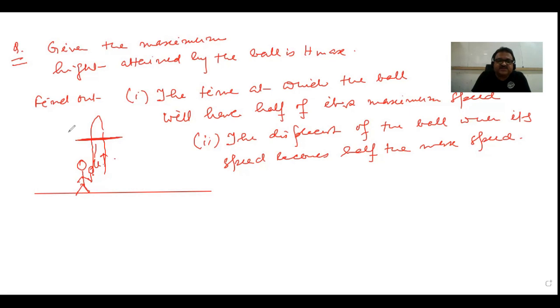During this, it will possess a speed u by 2 upward, and at this point, it will possess a speed u by 2 downward. If I take the point of projection as A, this point as B and C, at B it is going up, so the direction of velocity is upward. At C, it is going down, so the direction of velocity is this.